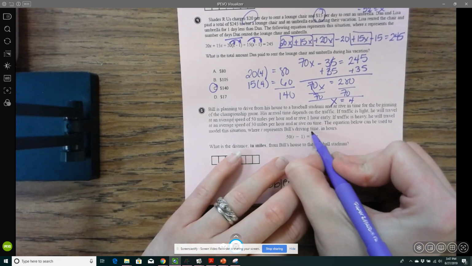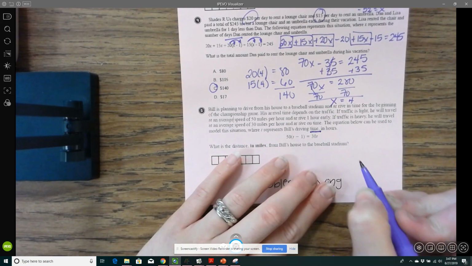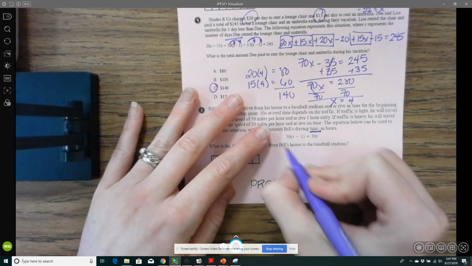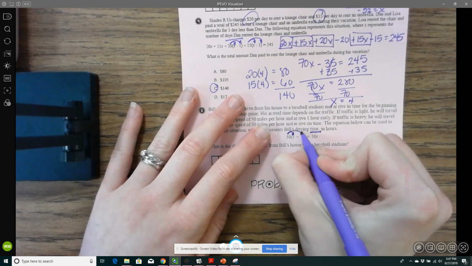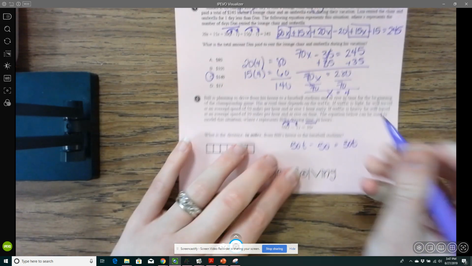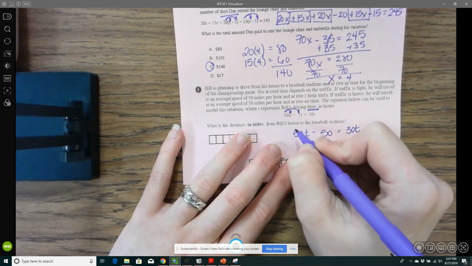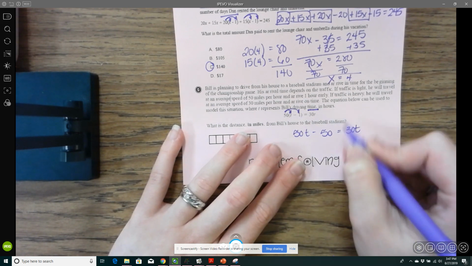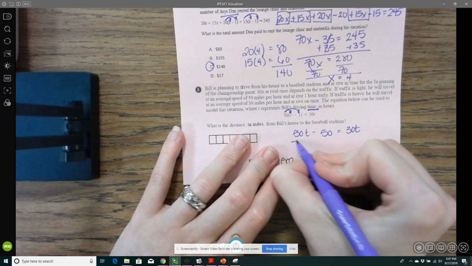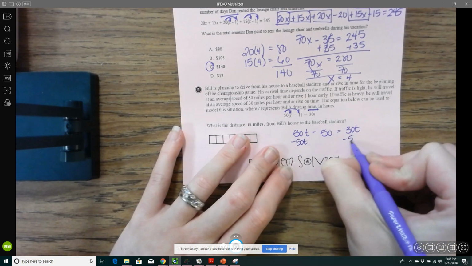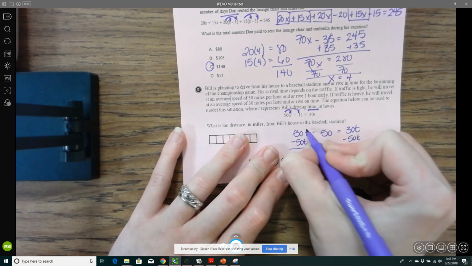So first we got to see how long it took him to drive if we solve this. So we're going to distribute first. So 50t minus 50 equals 30t. Now this time I can move the 30t, but it's going to leave this side blank. So we're just going to go ahead and move the 50t by subtracting it from both sides.